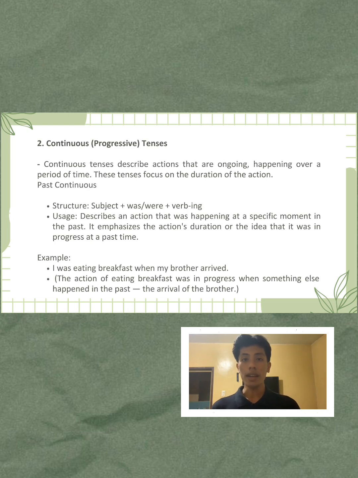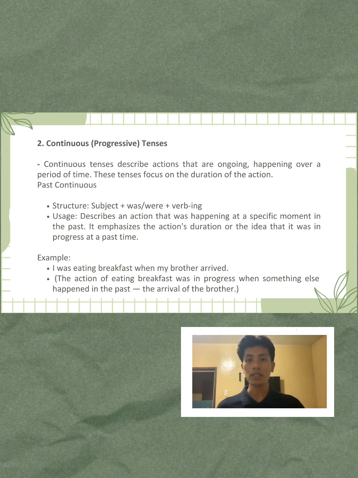And now, let's proceed to the second type of tense, which is the continuous or progressive tenses. Continuous tenses describe actions that are ongoing or happening over a period of time, and these tenses focus on the duration of the action.